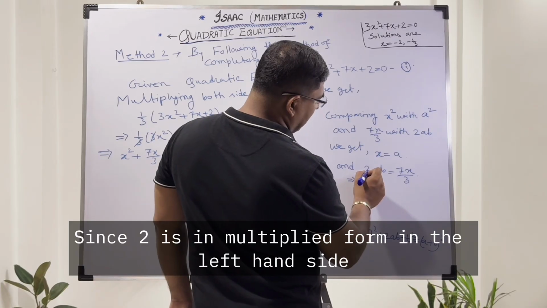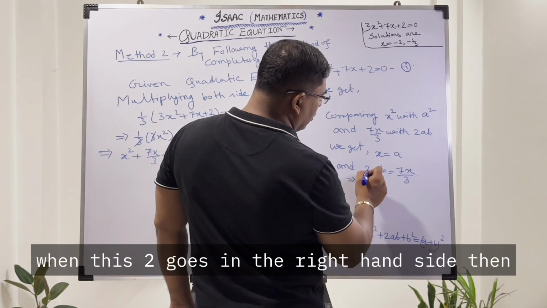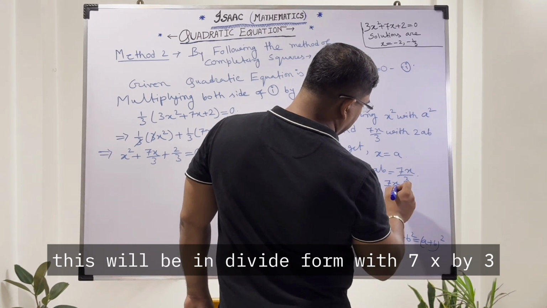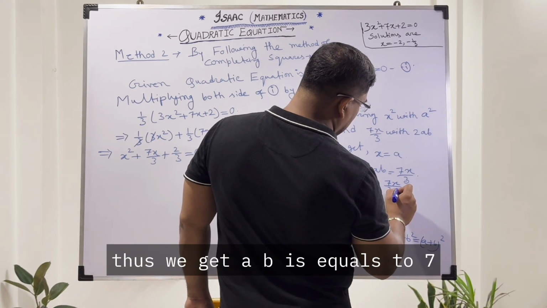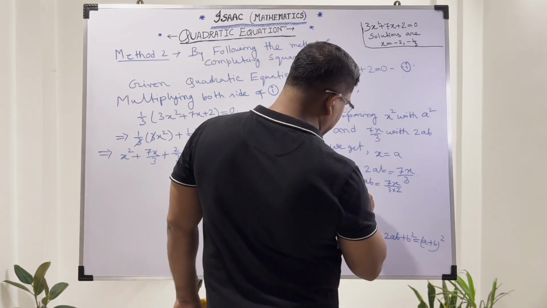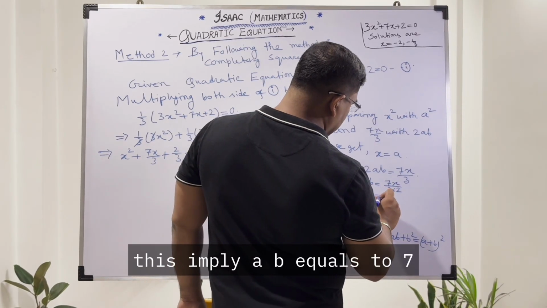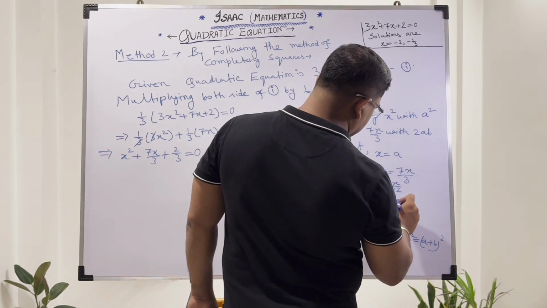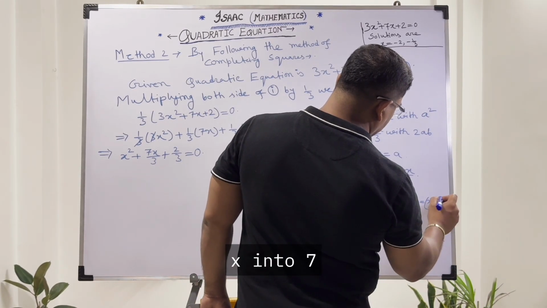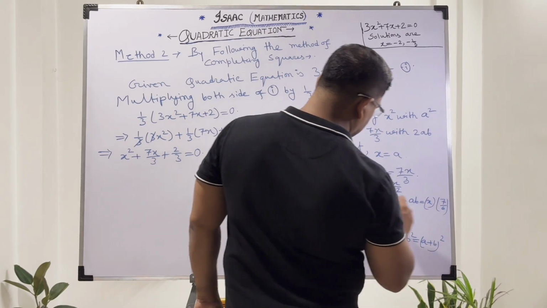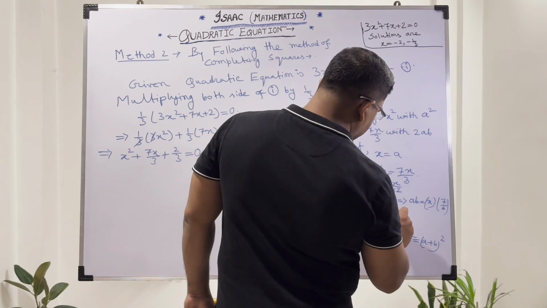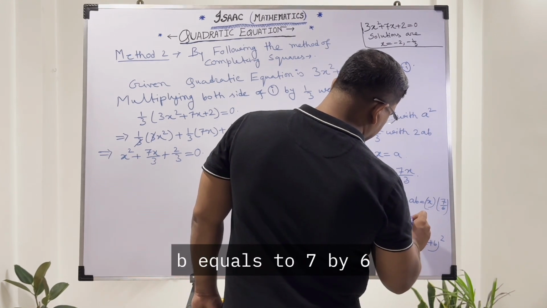Since 2 is in multiplied form in the left hand side, when this 2 goes to the right hand side, then this will be in divide form with 7x by 3. Thus we get ab is equals to 7x by 3 into 2. This implies ab equals to 7x by 6. This implies ab equals to x into 7 by 6. So this implies a equals to x and b equals to 7 by 6.